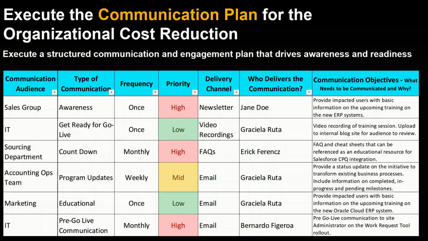Don't forget, keep messages transparent, consistent, and succinct. The goal really is to ensure that every audience that is impacted by this cost reduction and business optimization initiative is getting the right information at the right time through the right channels.